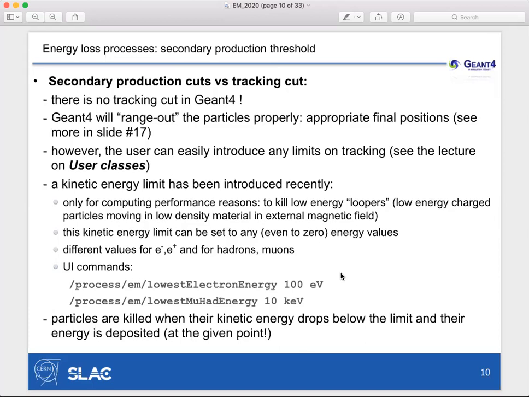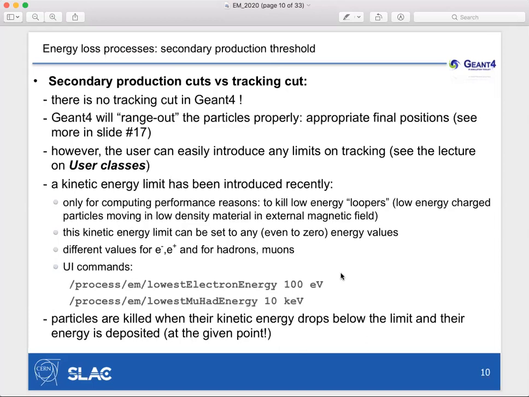So why am I saying that there is no tracking cut in Geant4? There is something that we call user limits. And I think yesterday or tomorrow, I don't know exactly, this topic will come. You can introduce a tracking cut in energy, track length, time, and so on and so on.